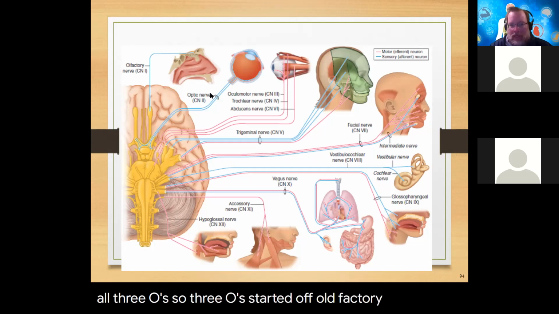Olfactory, optic is number 2, and then oculomotor. Olfactory has sense of smell. Optic is going to help with vision.